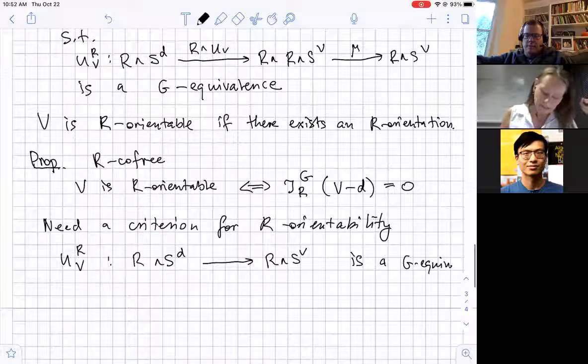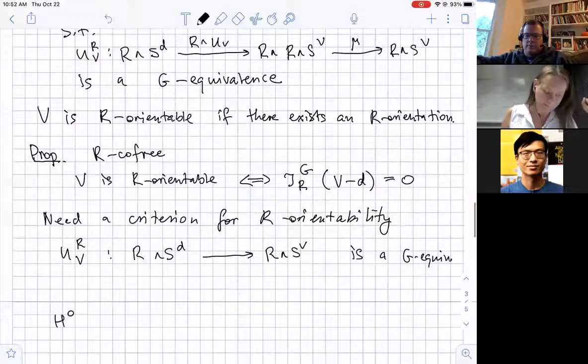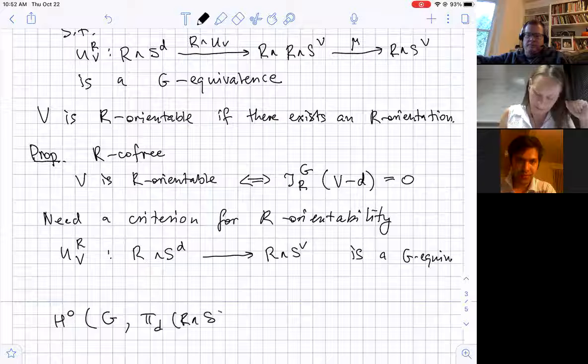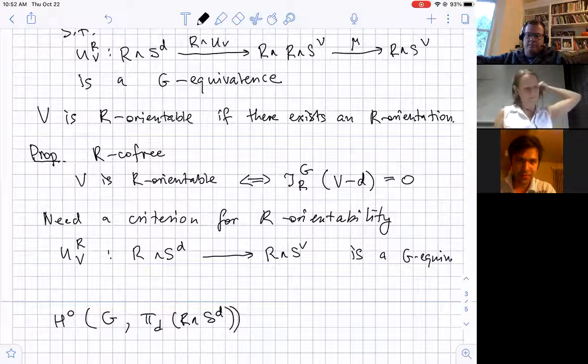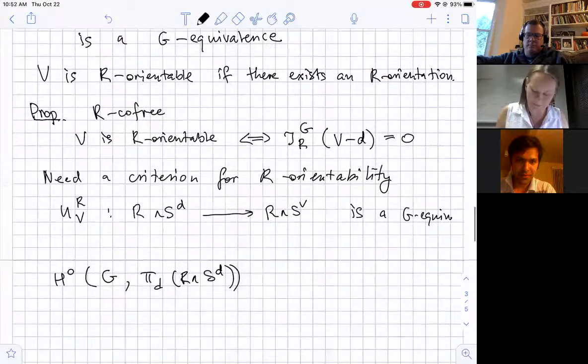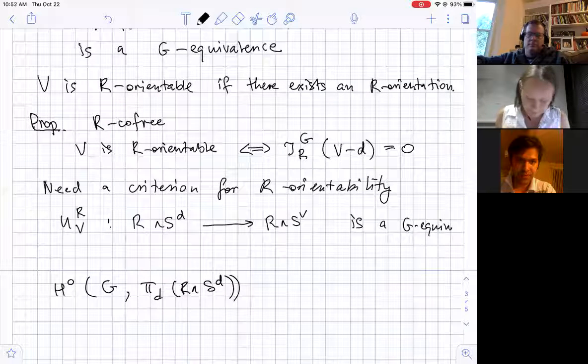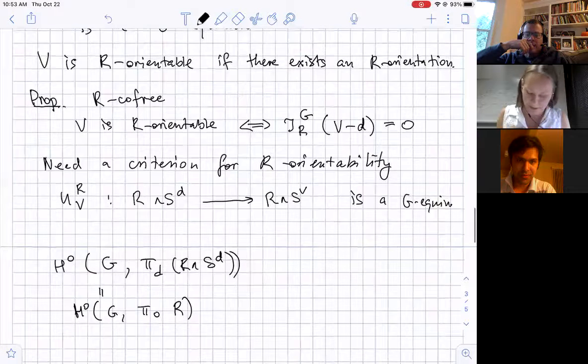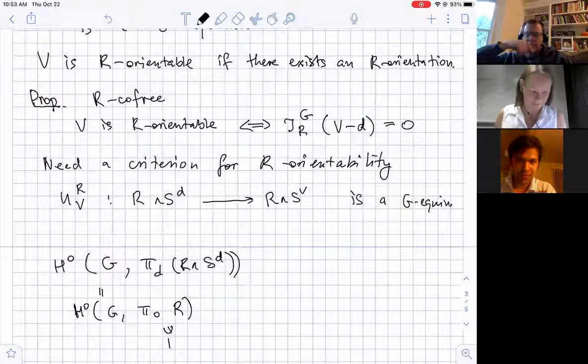Great. Now we have a homotopy fixed point spectral sequence. So let's look at this part of the input to the homotopy fixed point spectral sequence. This is H0(G, pi_0 R), and it has in particular an element 1 in here.